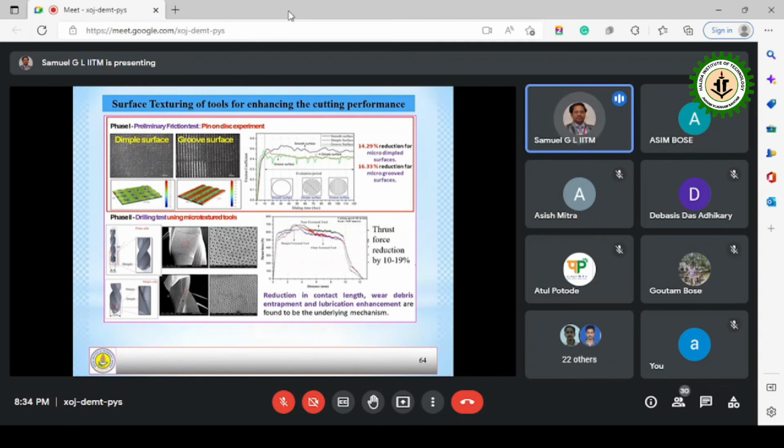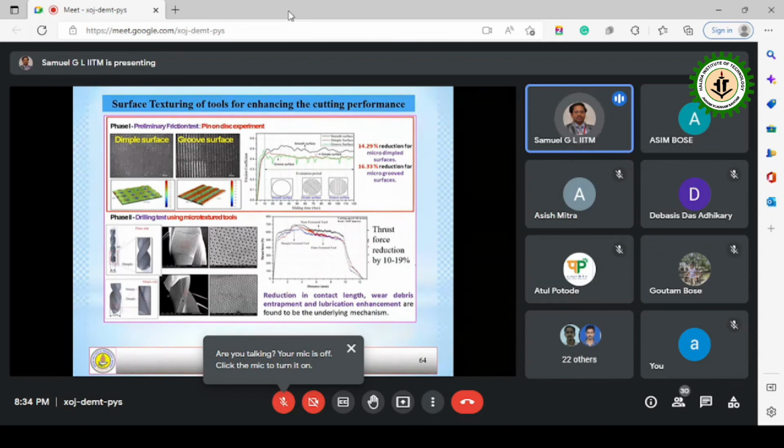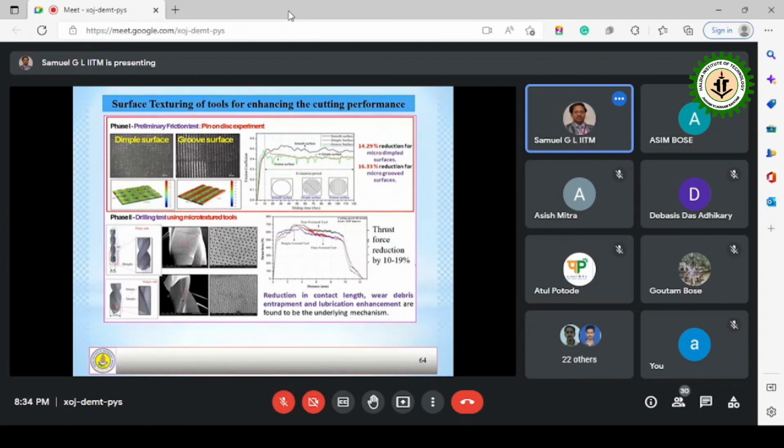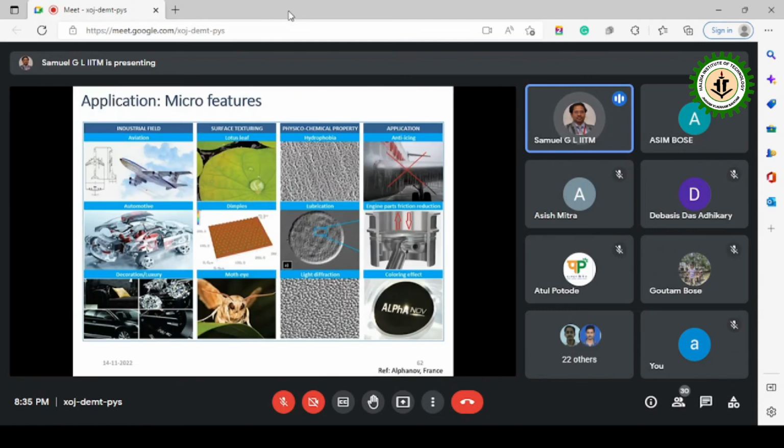In metal cutting, friction is the cause for heating and also for wear. So if you can reduce friction, you can reduce the cutting forces and the tool wear, and you can make the chips flow much more smoothly, and thus our machining process will be highly efficient. So this phenomenon of texturing plays a very, very important role.